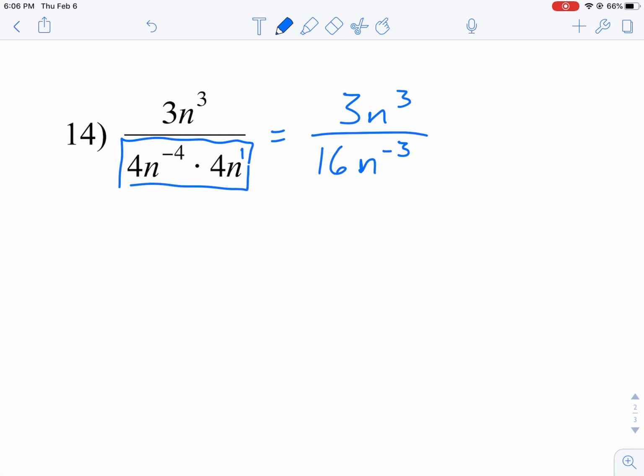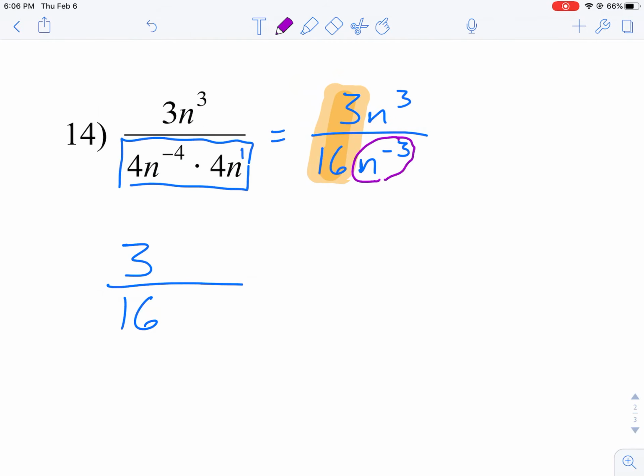Now, let's think of this as a couple different things. So first, I've got my coefficients here. Think of it as like you have a fraction, 3 over 16. That fraction won't simplify, so my answer is going to have 3 over 16 in it. Now with my variables, I want to get rid of negative exponents.